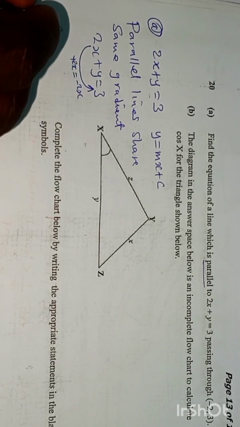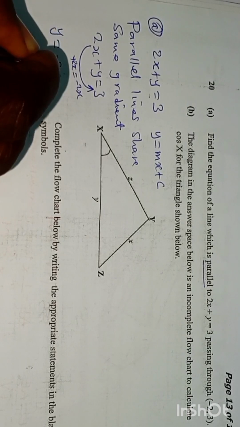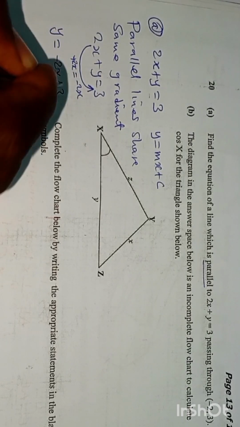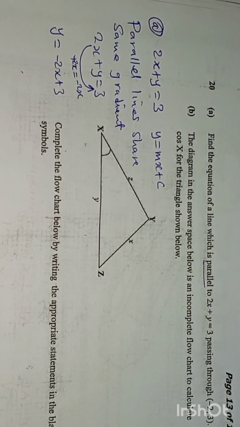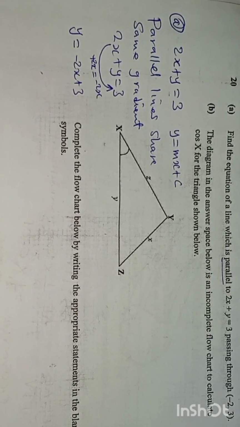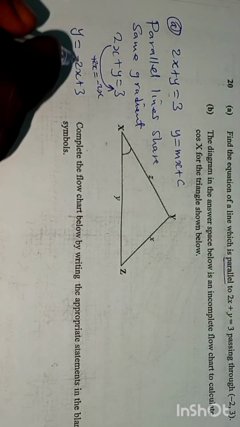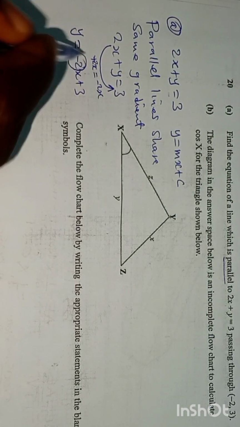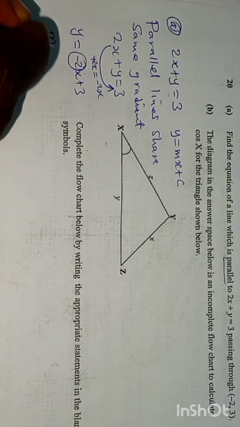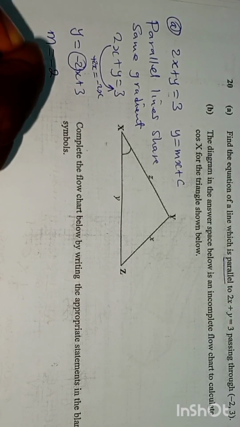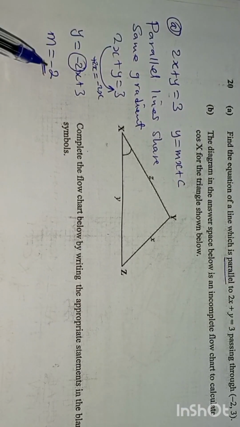So we remain with y equals negative 2x plus 3. From there, check the coefficient of x. The coefficient of x is negative 2. So the gradient is equal to negative 2.